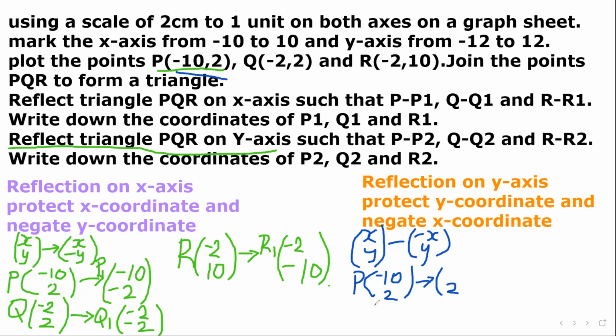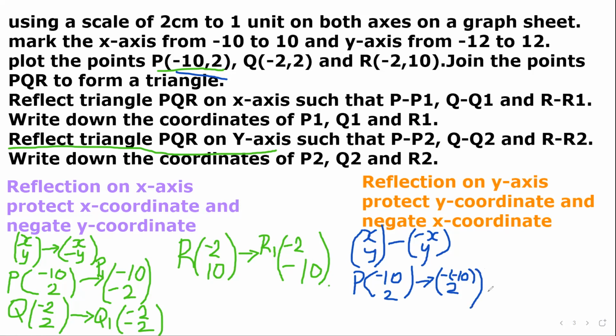So you write the same number without changing anything. And then you negate the x coordinate. And remember, the x coordinate here already has a negative, so it will be a negative of the -10 here. Okay. You have no other option.